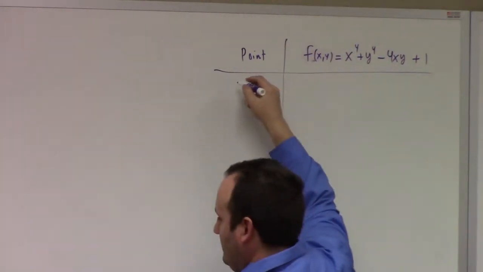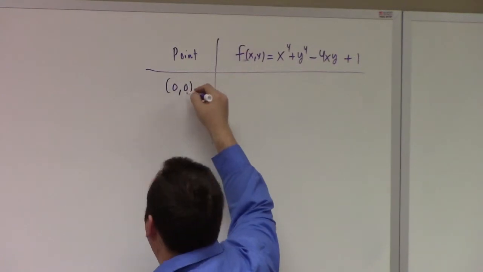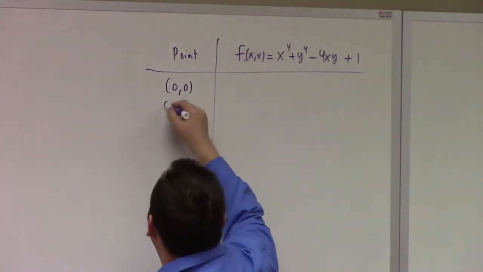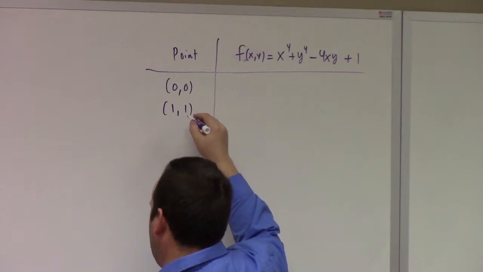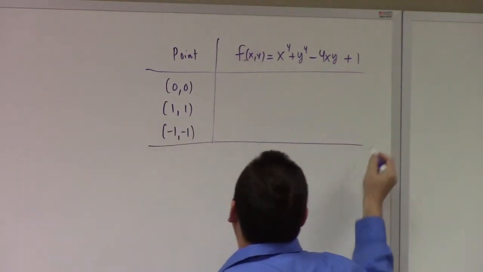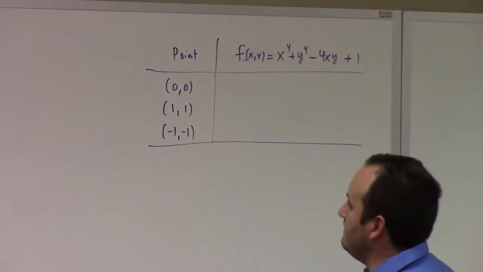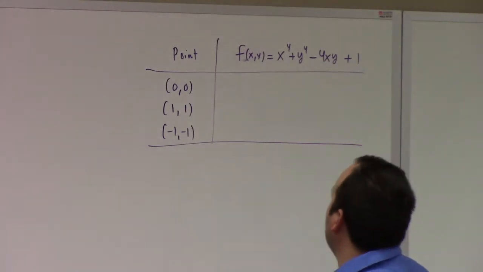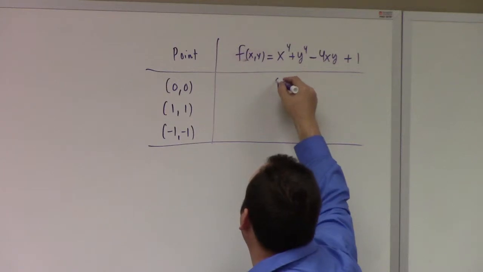And what are my points? I got the origin. I've got 1, 1. And I've got, looks like, minus 1, 1, right? Zero, 0 gives me what? 1.